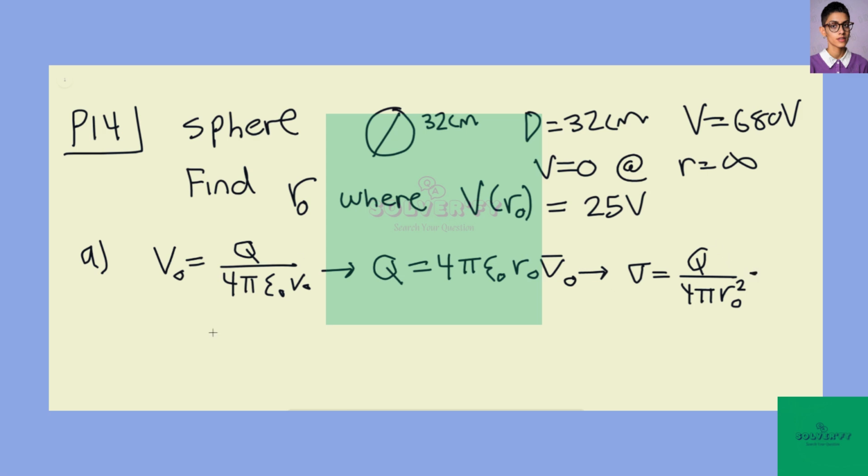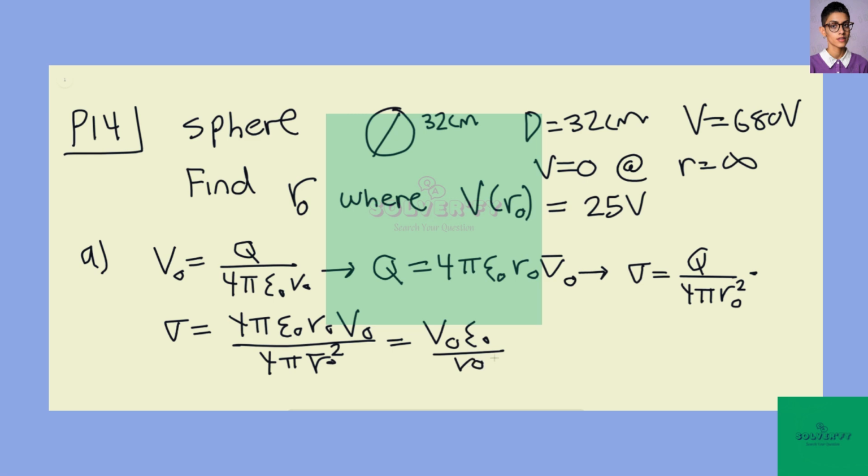So that's our sigma, going to be 4 pi epsilon naught R naught V naught over the area, 4 pi R naught squared. We get a lot of cancellation. So we have V naught epsilon naught over R naught.